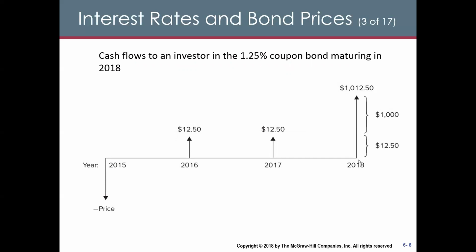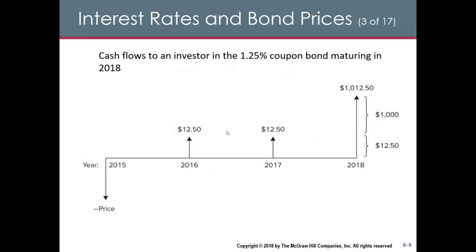We hold it till maturity for 3 years, till 2018. Then our cash flow will be $12.5 in 2016, $12.5 in 2017, and another $12.5 coupon in 2018, as well as the $1,000 face value as it matures in 2018.